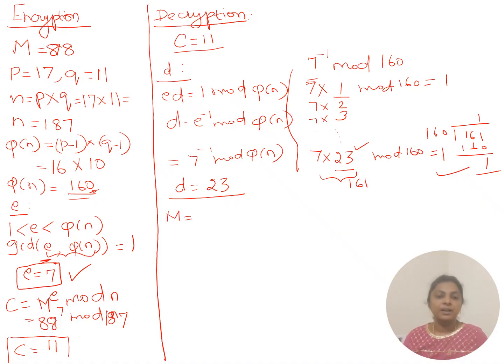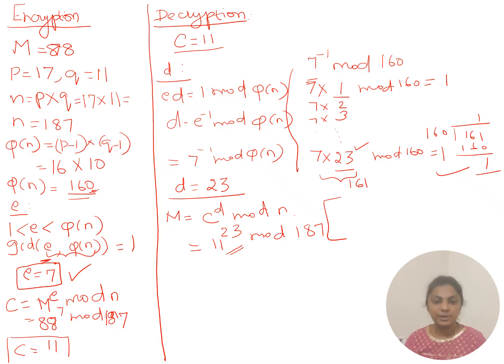So we have the cipher in hand, and the formula is C to the power D mod N. That's the formula for the decryption process. The C value we have got is 11, and 11 to the power 23 mod N, where the N value is 187. As I've told in the previous video, we have to split up the powers.